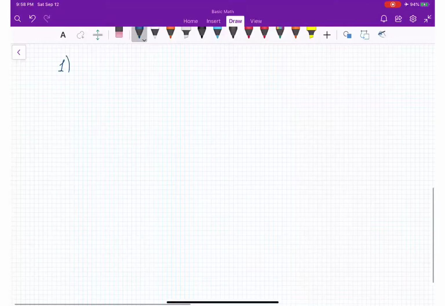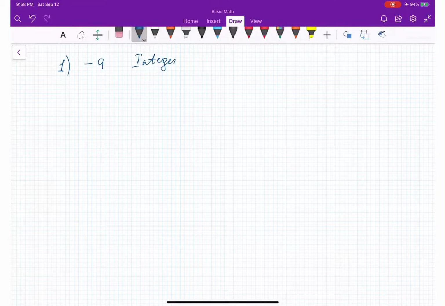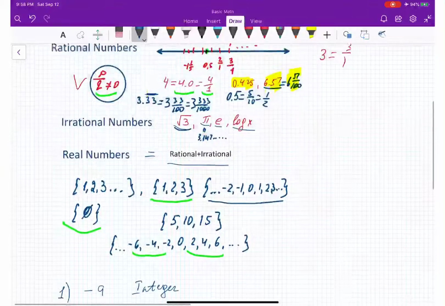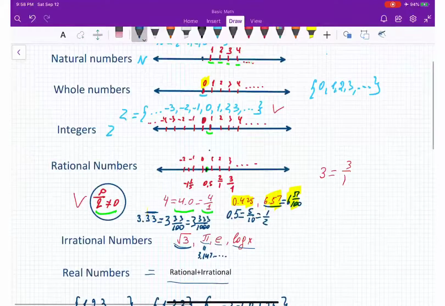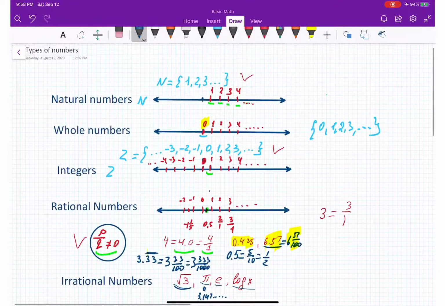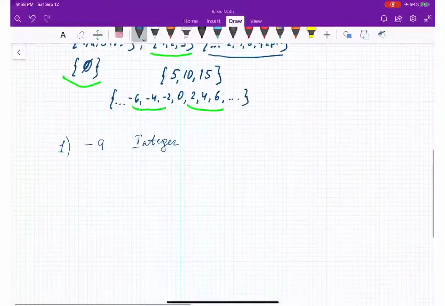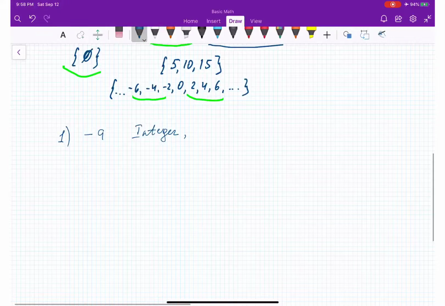Okay, question number 1. We have negative 9. So negative 9 is an integer, right? If you look at the table we built here, because it's negative, it's an integer.